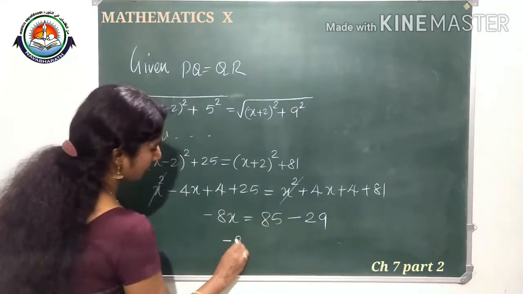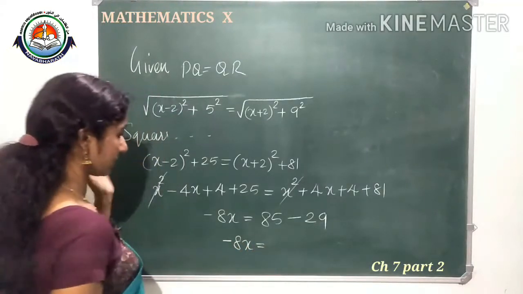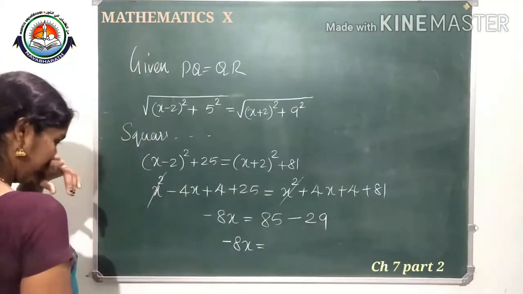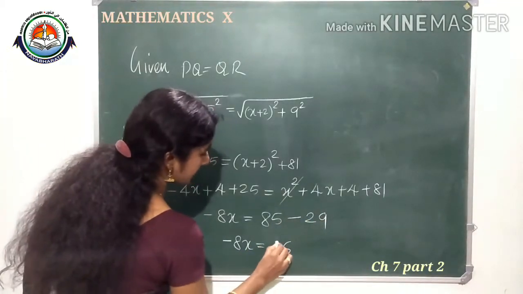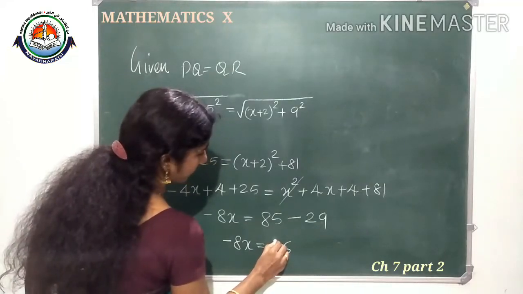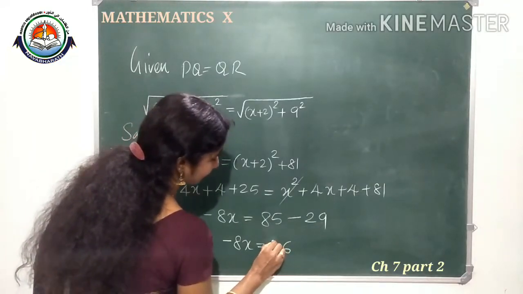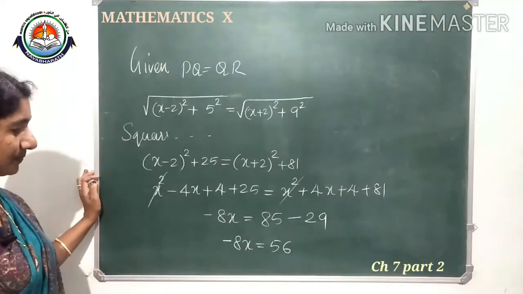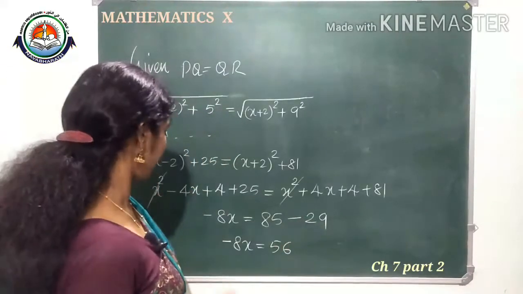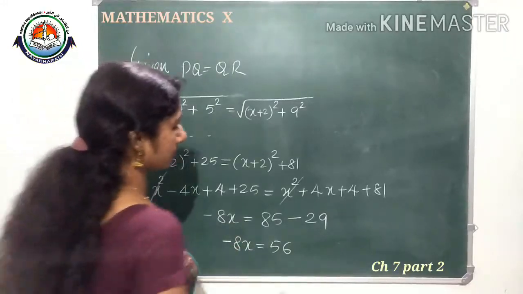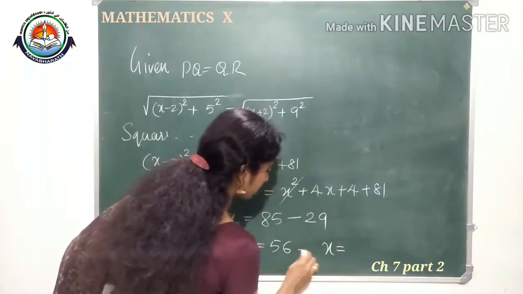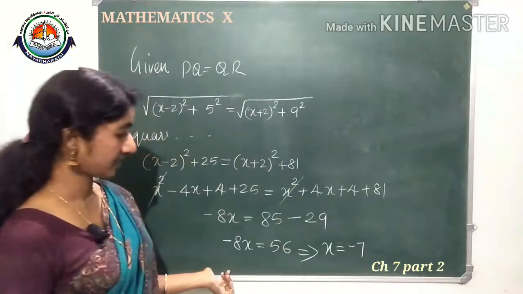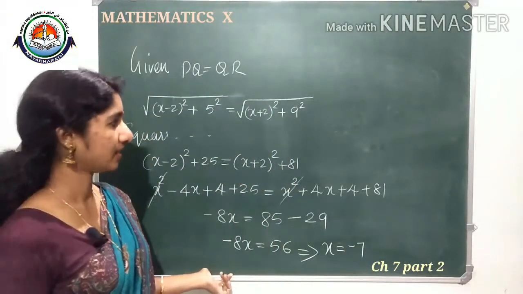So minus 8x equal to 85 minus 29, that is 56, correct? 56 plus 29 is 85. So we got x equal to minus 7, since 56 by minus 8 is minus 7.